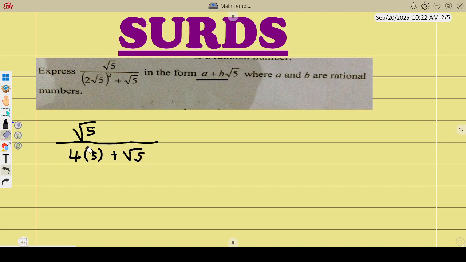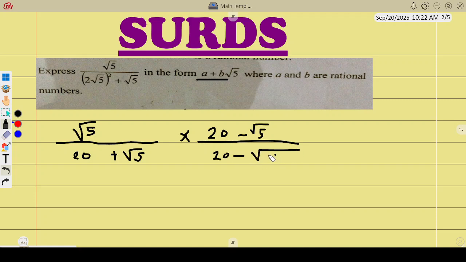So 4 times 5 is 20, and we end up having 20. From here we can now rationalize the denominator. So we're going to say 20 minus root 5 over 20 minus root 5.